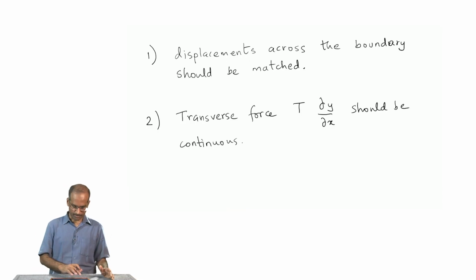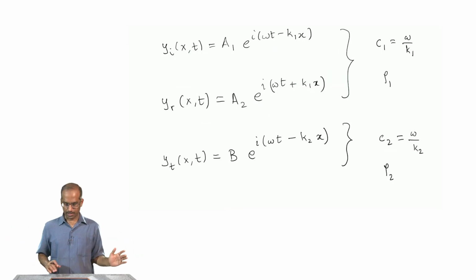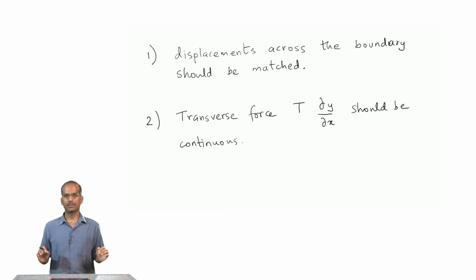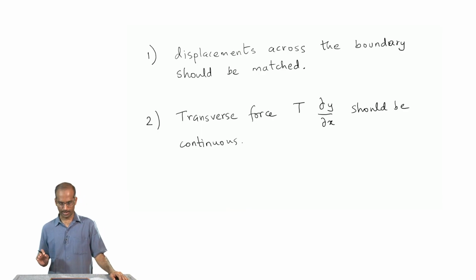So, we have the physical system that is set up, wave going from one media to another media, there is part transmission, part reflection, and we have written down the solutions for each of those components. We have characterized each of the media, we have written down the solutions. Now, to bring them all together, we need some point of commonality in a sense, and that is provided by these boundary conditions.